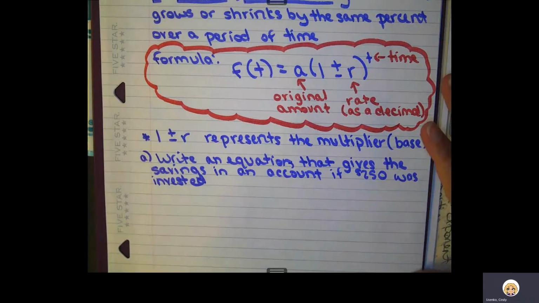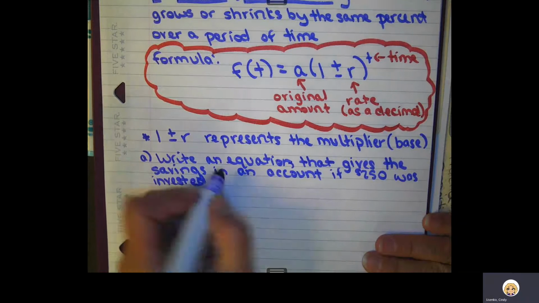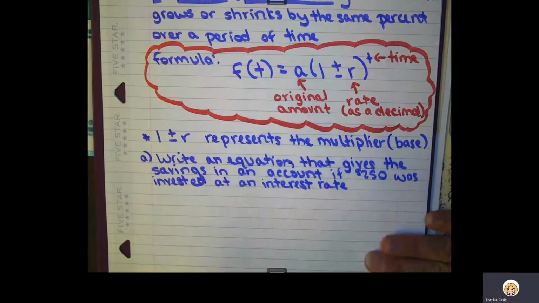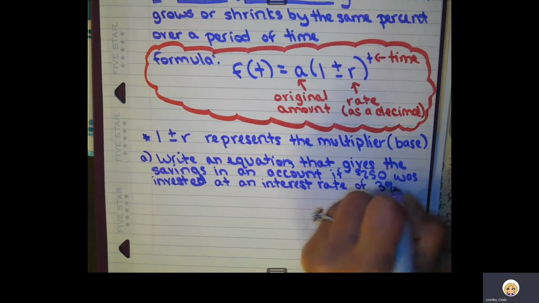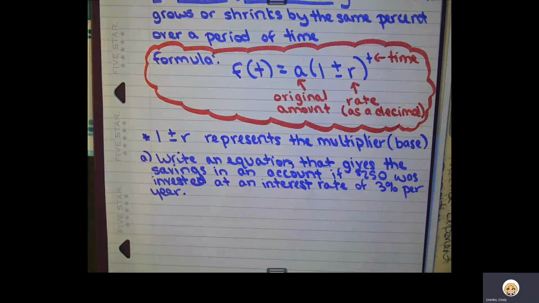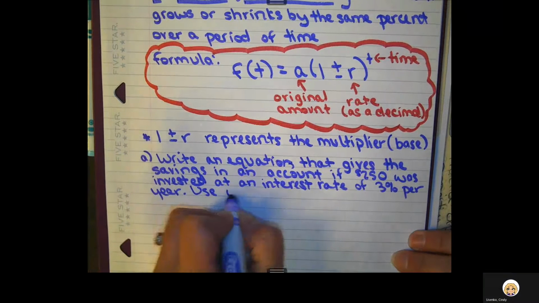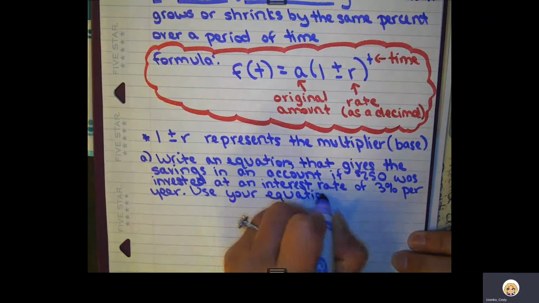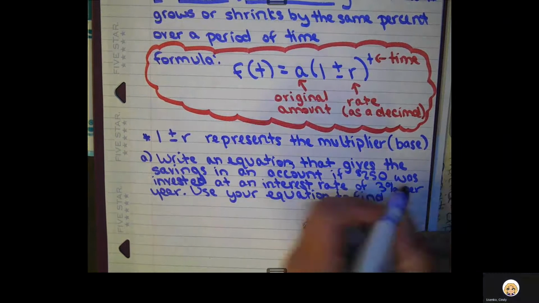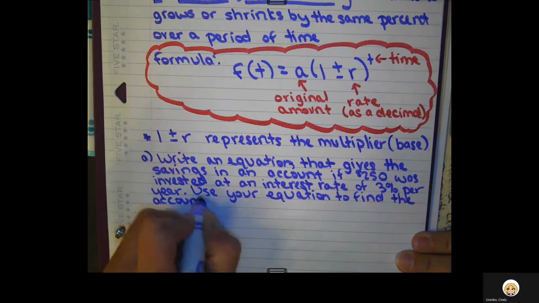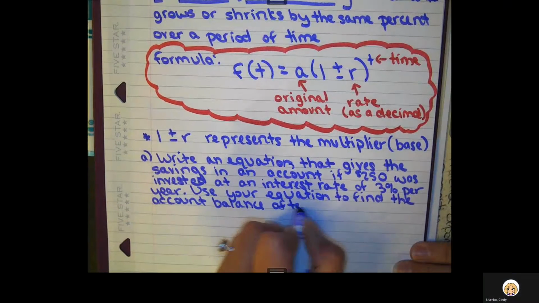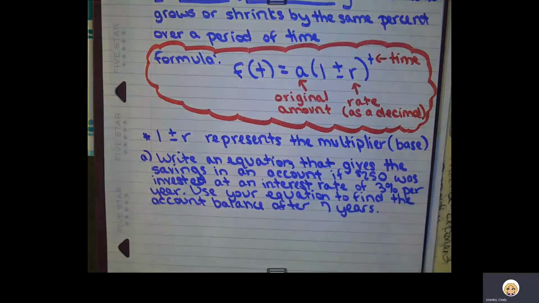So in an account, if $250 was invested at an interest rate of 3% per year, one more part to this, use your equation to find the account balance after 7 years. Feel free to pause the video if you need more time to write.